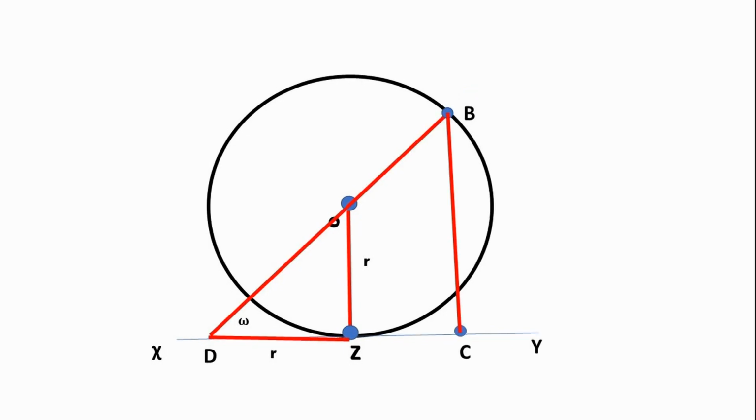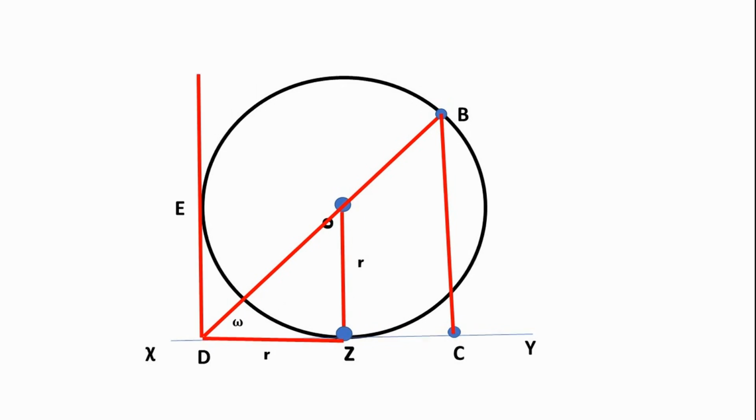Construction, continued. From B we draw the perpendicular, triangle ruler apparatus, to XY and we find C. Construction, continued.